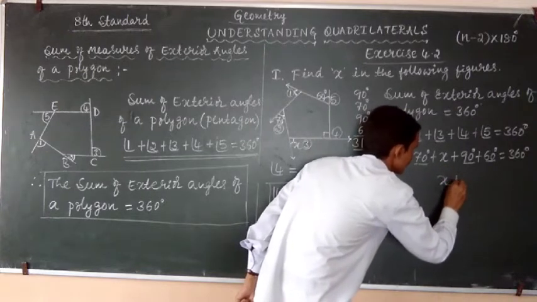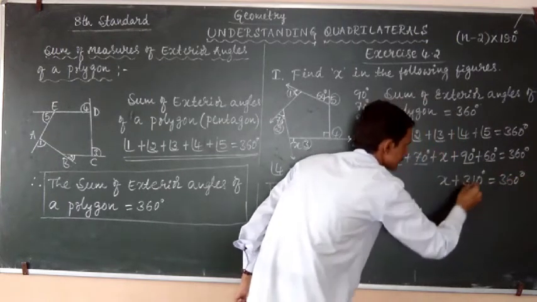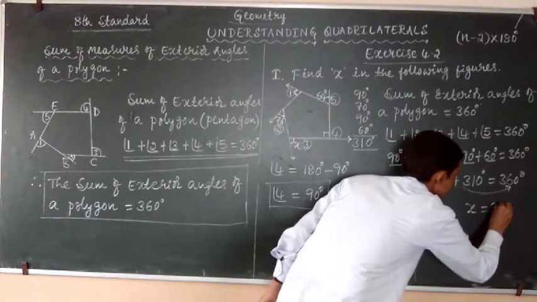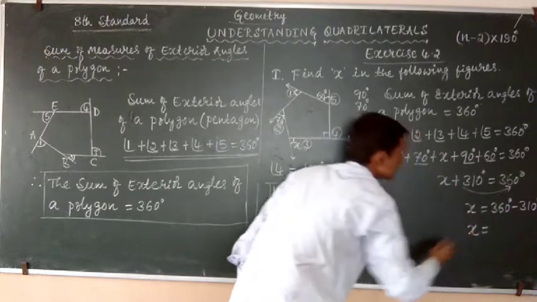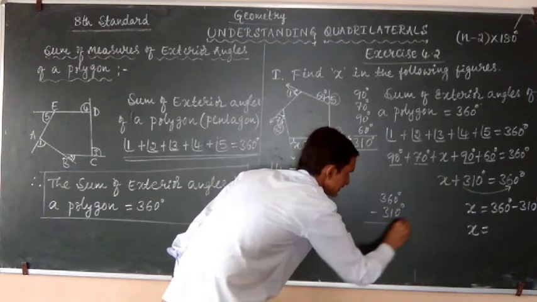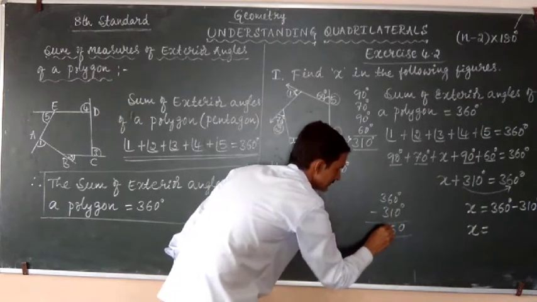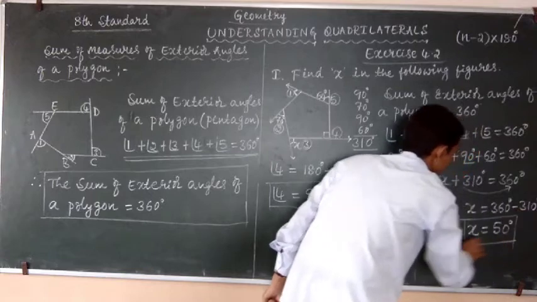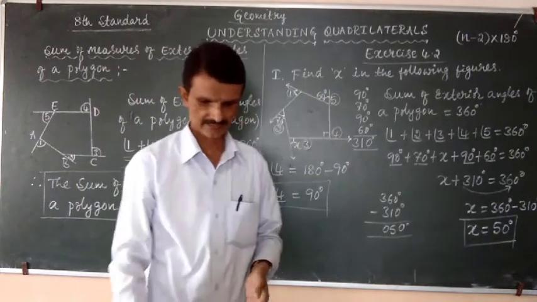Therefore x plus 310 degrees equals 360 degrees. Transferring 310 to the right side, x equals 360 degrees minus 310 degrees. 0 subtract, 6 minus 1 is 5, 3 minus 3 is 0. x equals 50 degrees. Therefore the given exterior angle is 50 degrees.